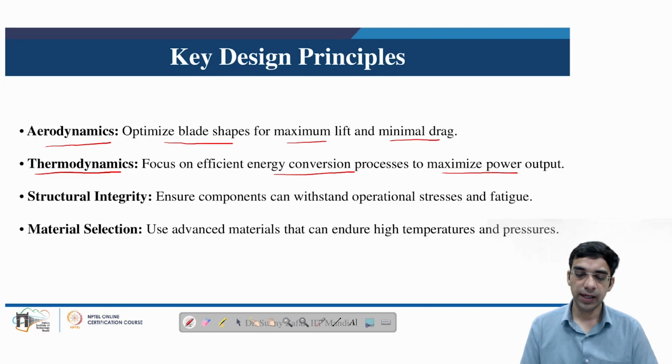So we want maximum output at minimal input so that we can minimize the emission of greenhouse gases. Thirdly, we also look at the structural integrity so that we can ensure all the essential and non-essential components of these turbines can withstand the operational stresses and fatigue.